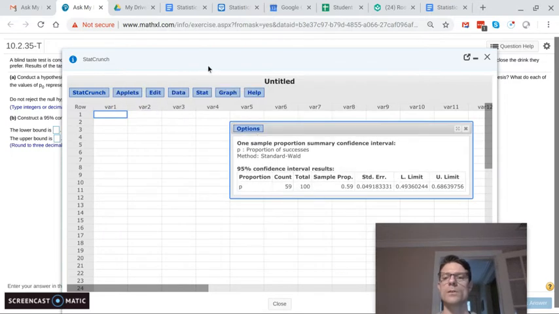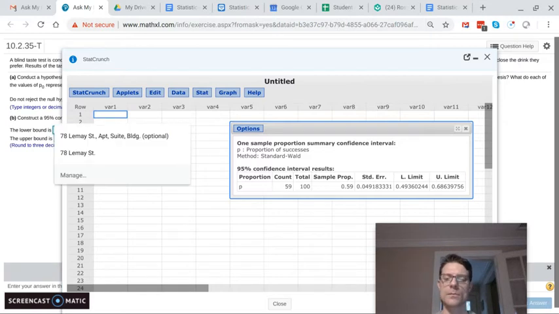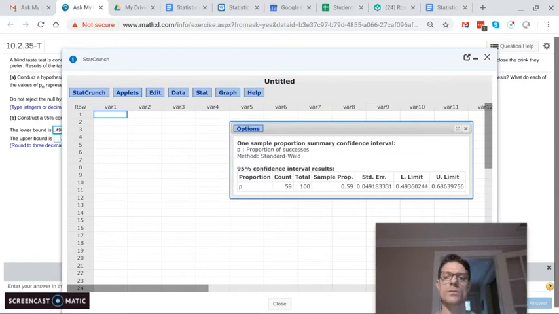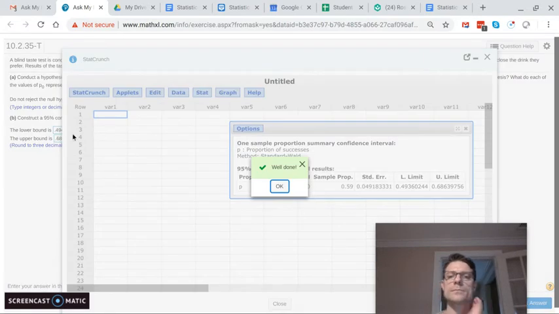Our lower limit would be 49%, and I think it's rounded to three places, so 0.494. And our upper limit of the confidence interval is going to be 0.686.